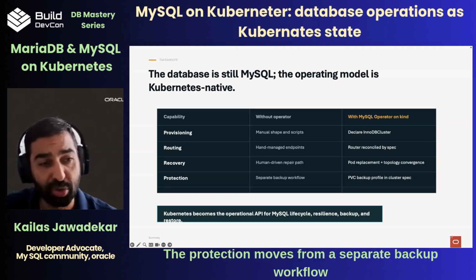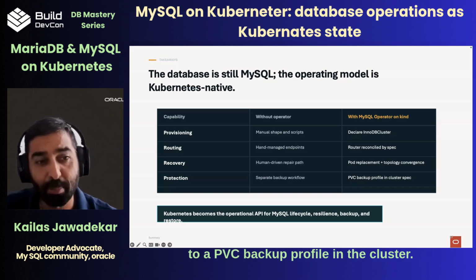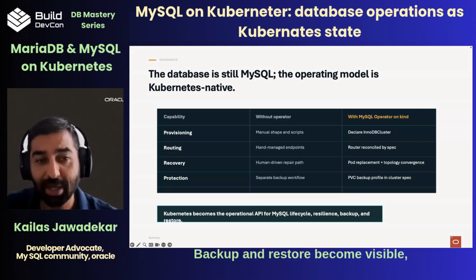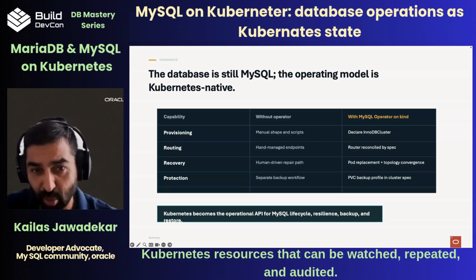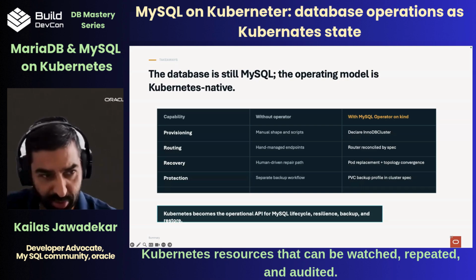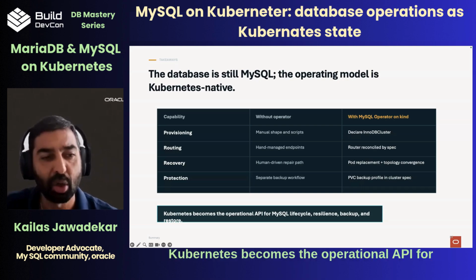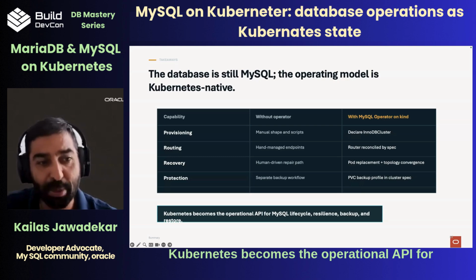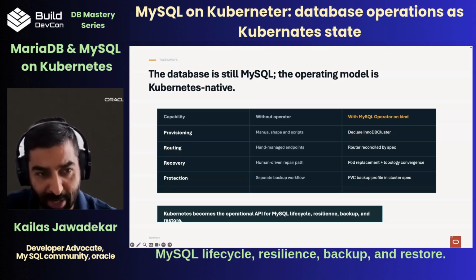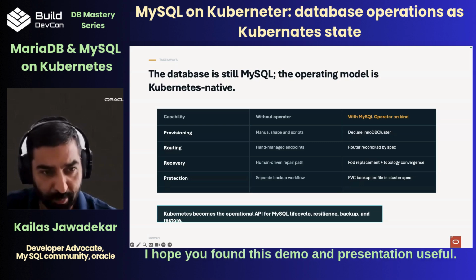The protection moves from a separate backup workflow to a PVC backup profile in the cluster spec. Backup and restore become visible Kubernetes resources that can be watched, repeated, and audited. So in summary, Kubernetes becomes the operational API for MySQL lifecycle, resilience, backup, and restore.